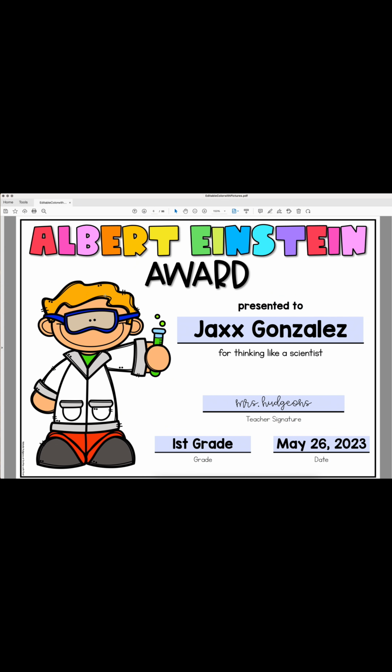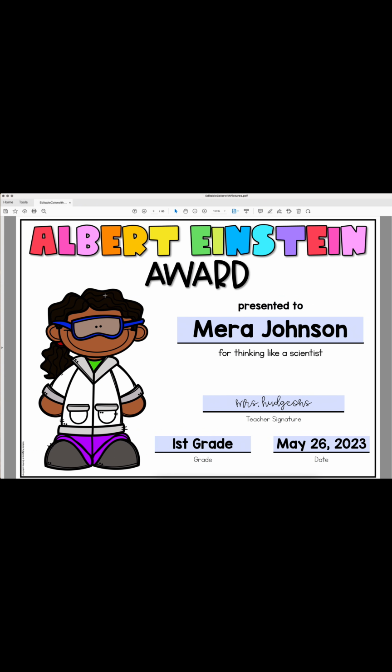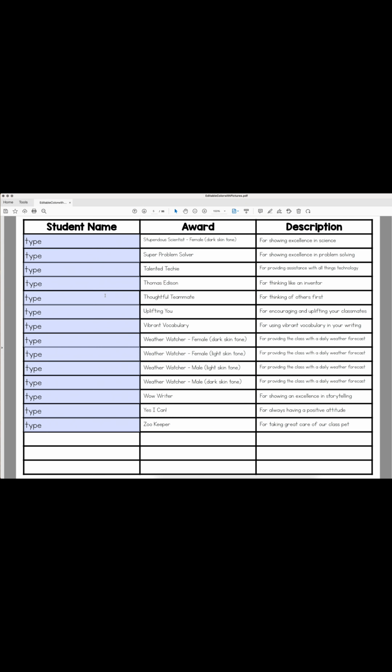Right here we have Albert Einstein presented to Jax, and when you print these, the blue box is not going to show up on the printed award. And here's another example of the girl name. Again, these will all auto-populate with the teacher signature, the student name, the grade, and the date of the award ceremony.